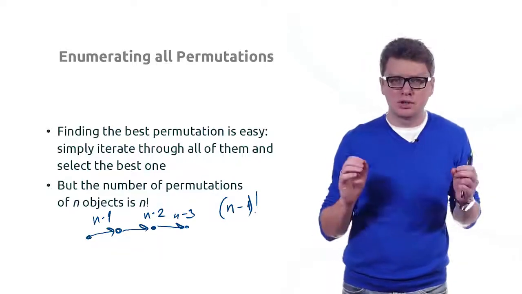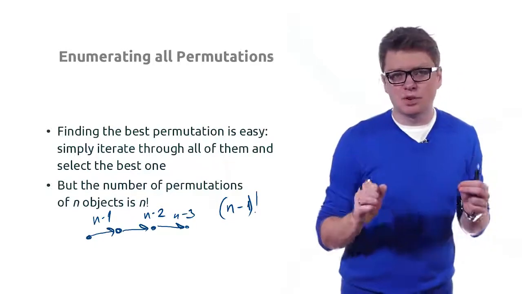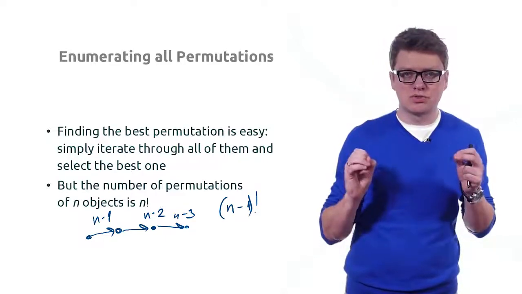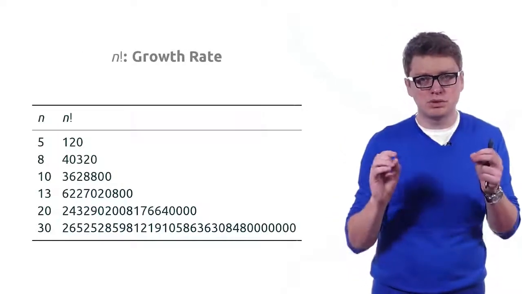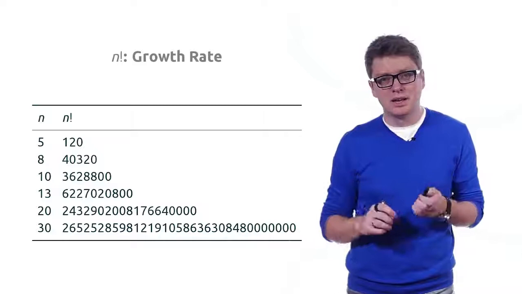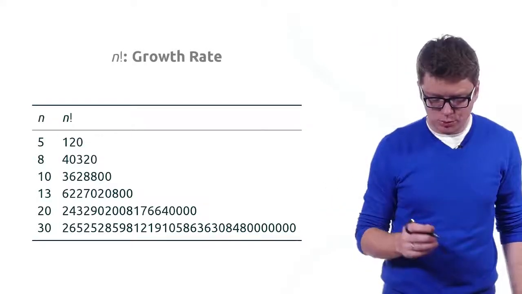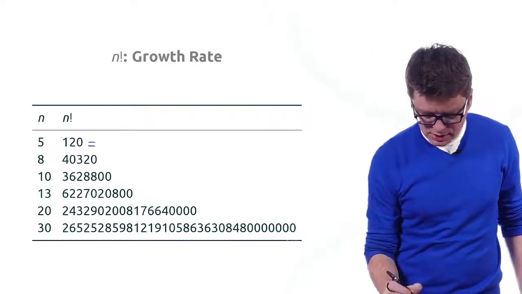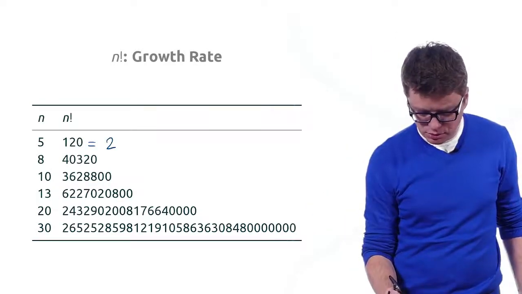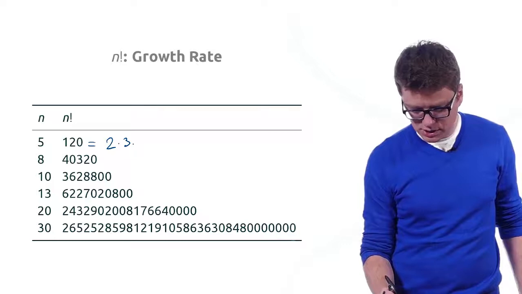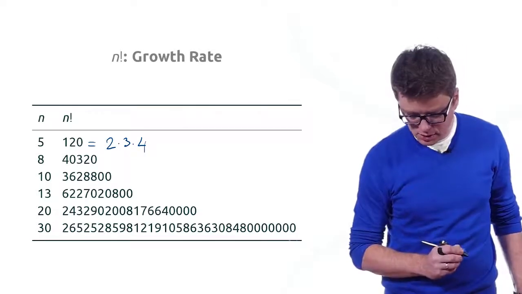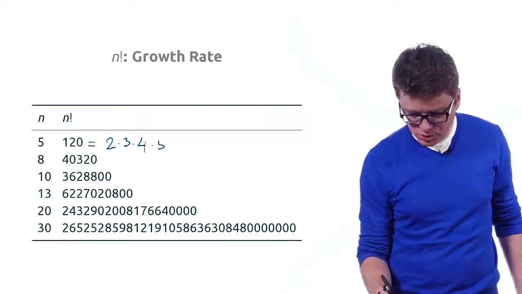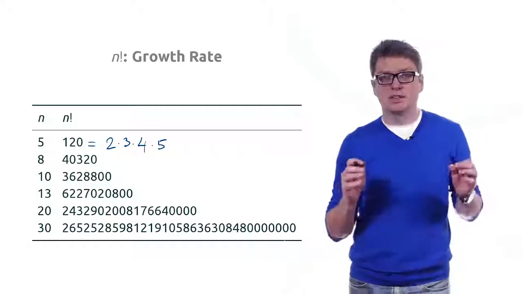And unfortunately, the n factorial function grows extremely fast. Just to show you how it looks, note that n factorial when n is equal to 5 is roughly 100. Let me just remind you, this is 2 times 3, which is 6, times 4, which is 24, and times 5, which finally gives you 120.